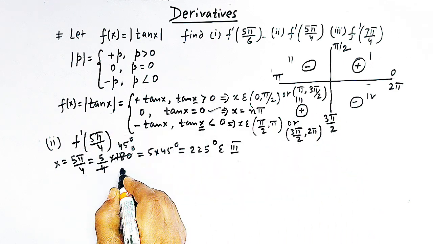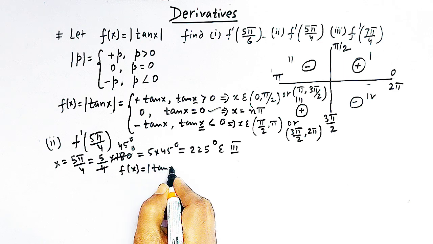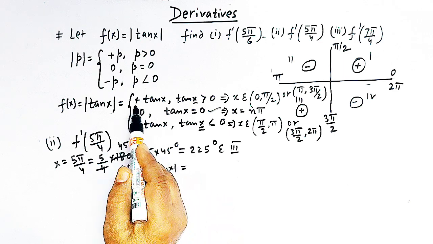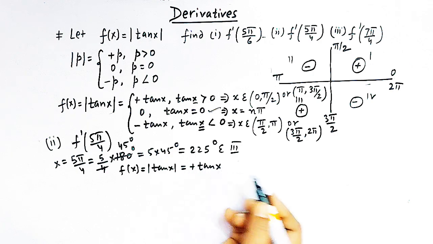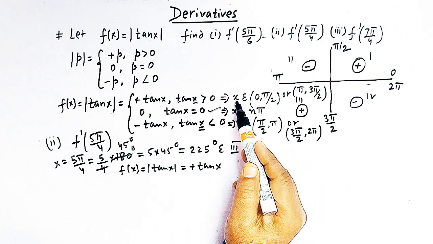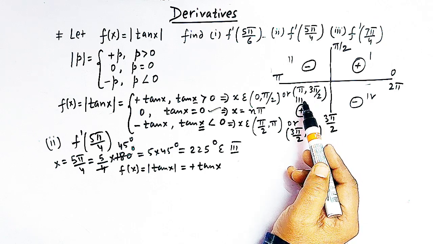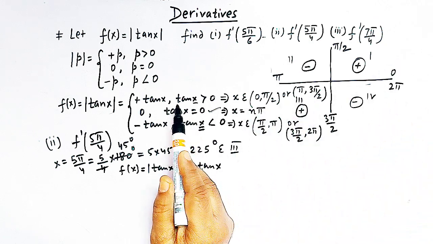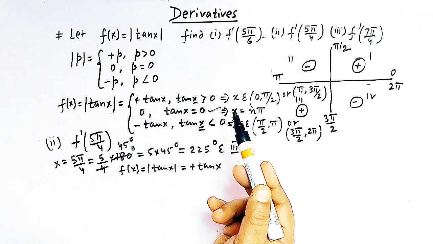So now we can write f of x is equal to mod tan x, and this should be equal to a positive tan x, because here the value of x lies in the third quadrant, and in the third quadrant the tangent function is greater than 0, that is positive.